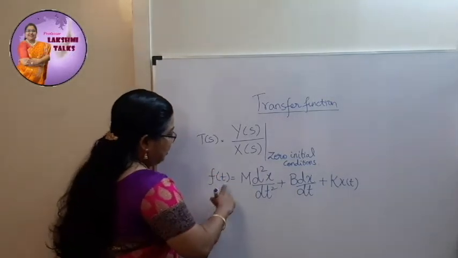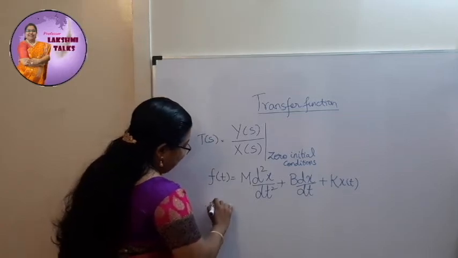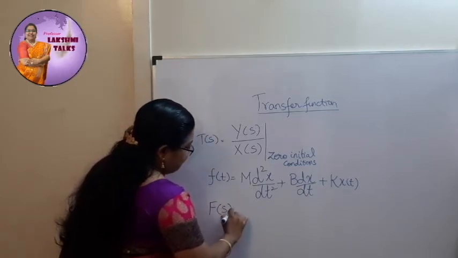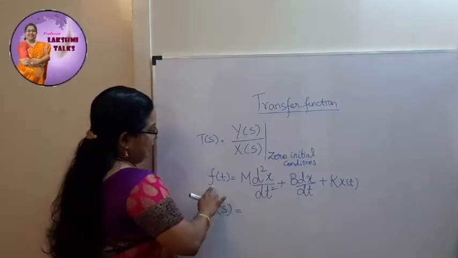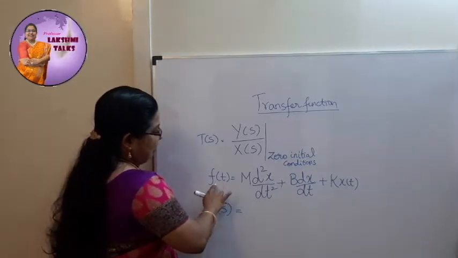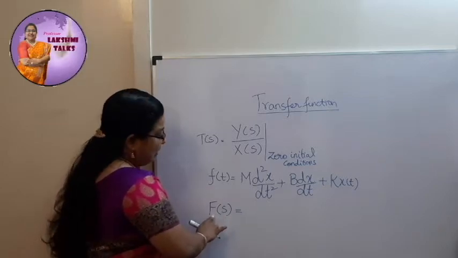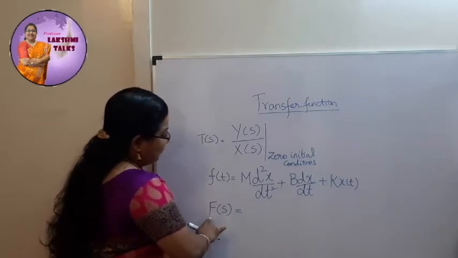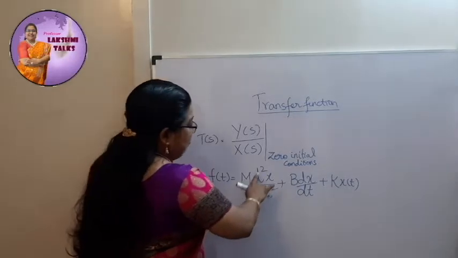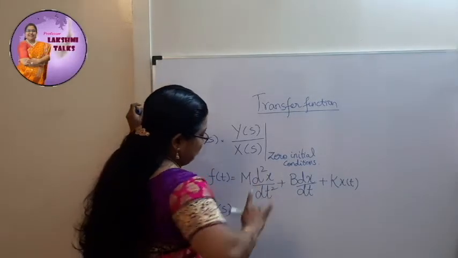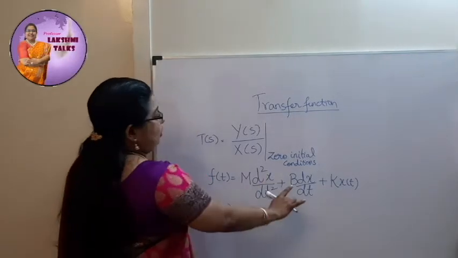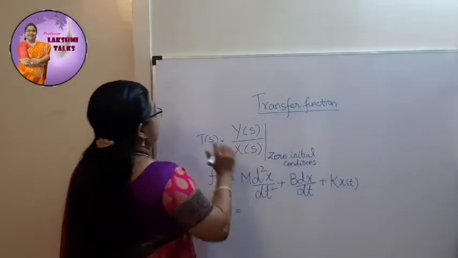What will be the Laplace transform? When you take the Laplace transform of f of t, it will become F of s. If it is in terms of time, it is small f; when you write it in terms of Laplace, it is capital F. So F of s is equal to m d square x by dt square. See, when you don't use zero initial conditions, what will happen?